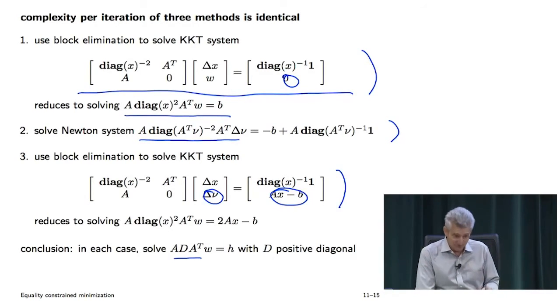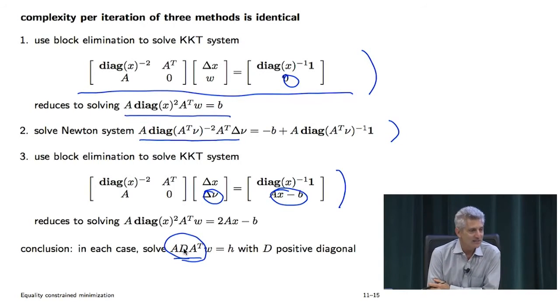By the way, I want to finish with just one comment. If A has sparsity, A D A transpose comes up all the time. And in fact, you can get the sparsity pattern of A D A transpose directly, which is what you'd have to solve.